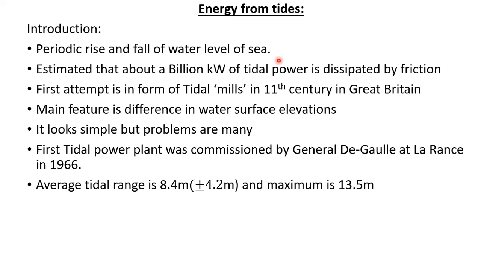It has been estimated that nearly a billion kilowatts of tidal power is dissipated by friction. This is slightly less than the economically exploitable power potential of all the rivers of the world. It is also an indication of the magnitude of tidal power available to us.